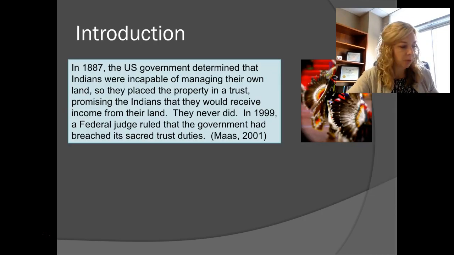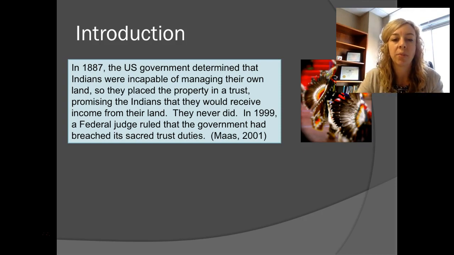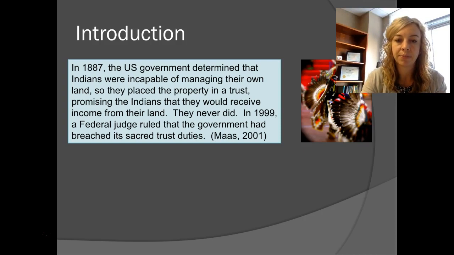So I have a couple of quotations here as an introduction. In 1887, the U.S. government determined that Indians were incapable of managing their own land. So they placed the property in a trust, promising the Indians that they would receive income from their land. They never did. In 1999, a federal judge ruled that the government had breached its sacred trust duties.